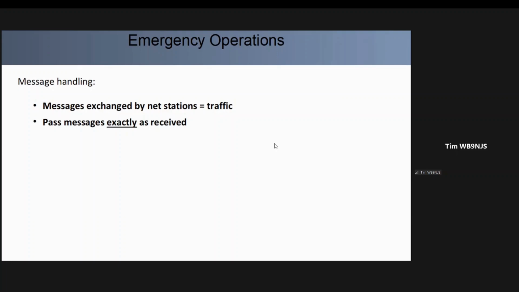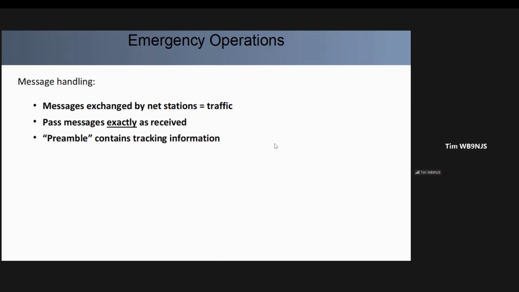You do no interpretation of it. You take the message that you received and pass it on exactly as you got it. If there are any questions, be sure you get clarification before you transmit a message, so you don't potentially transmit incorrect information.